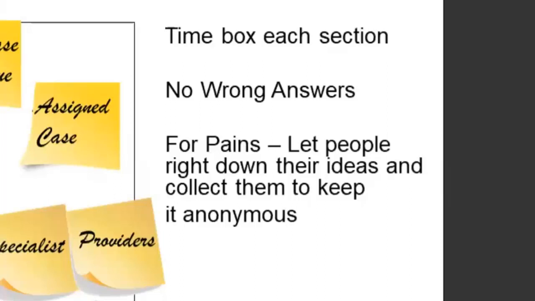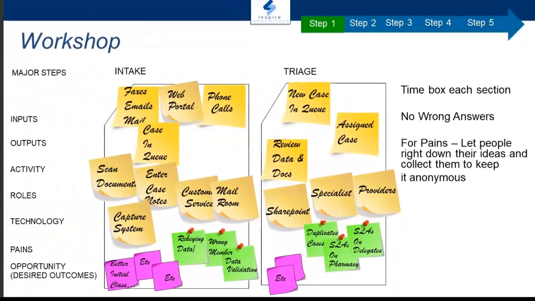Maybe there are things that are political, or people are just not comfortable, so you may give people their own sticky notes and markers. They could write them down and put them in a pile and we can get them up on the board, so that people don't feel obligated to point out pain points when they don't want to be known for calling those out.